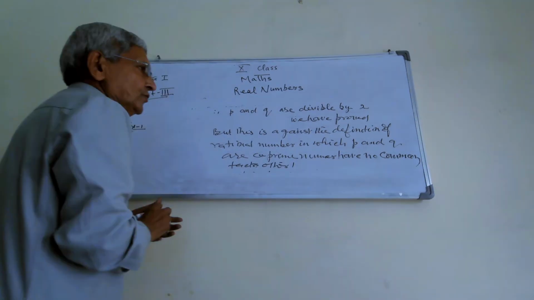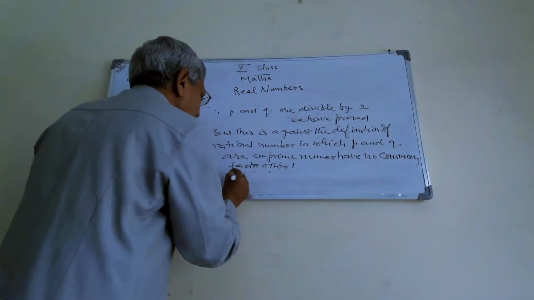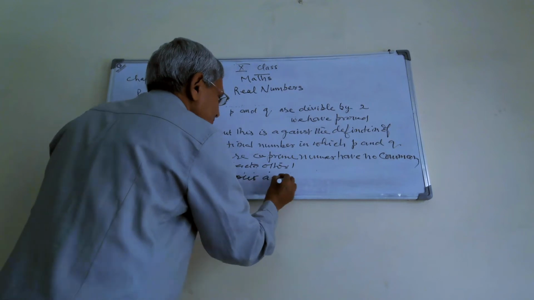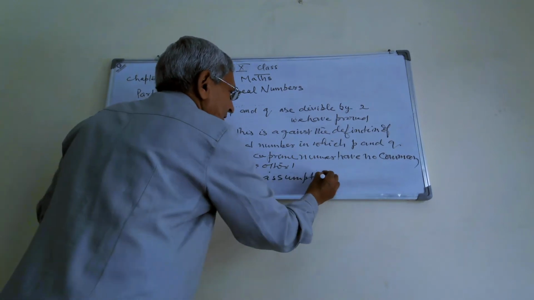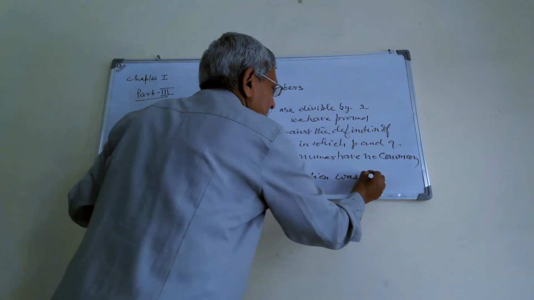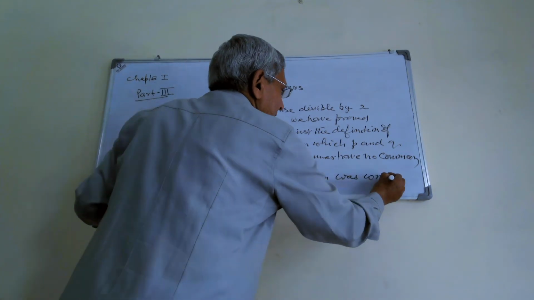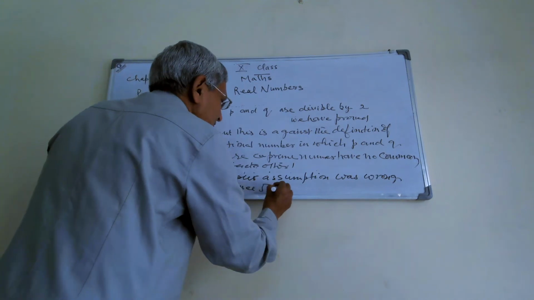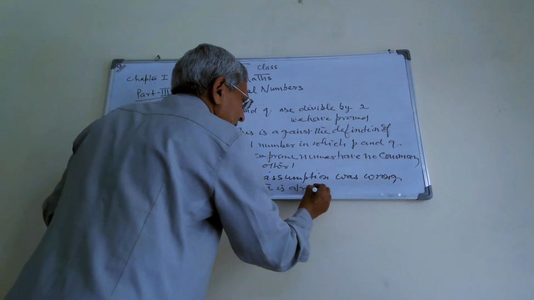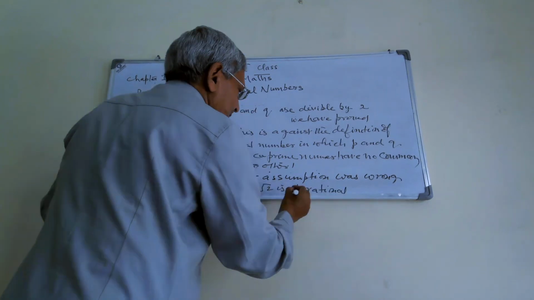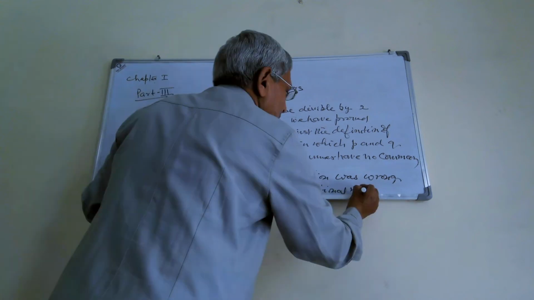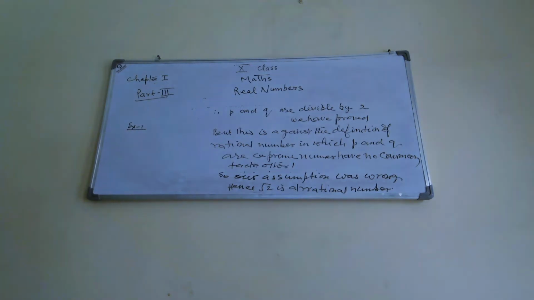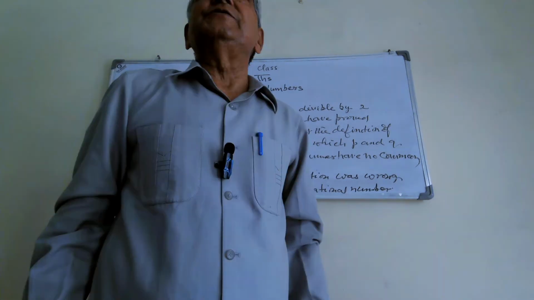So this is contrary. So our assumption was wrong. Hence, root 2 is an irrational number. This is the proof that root 2 is an irrational number.